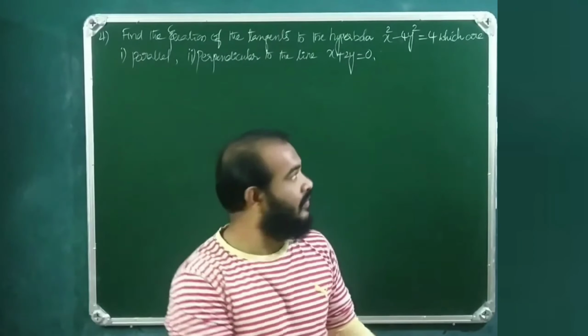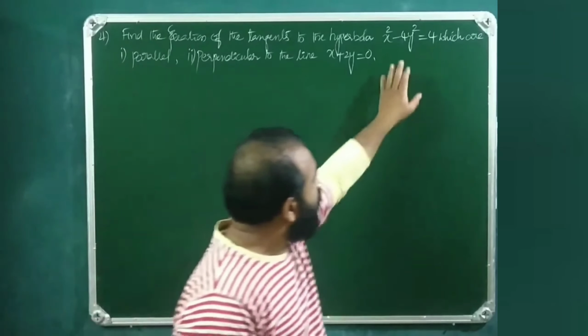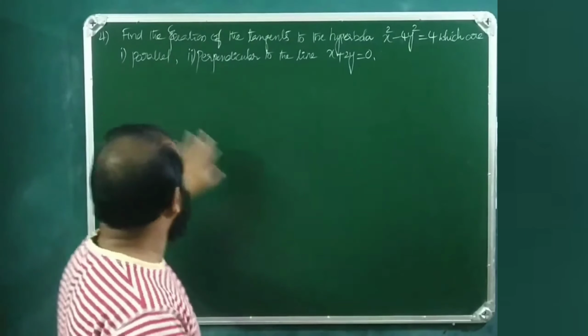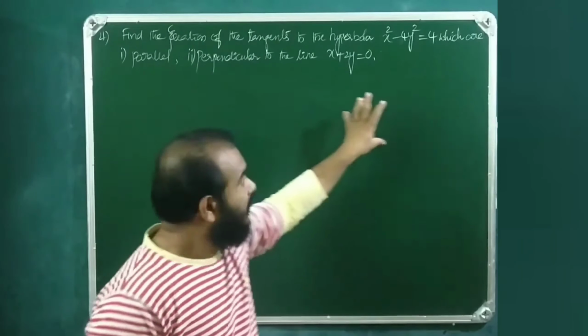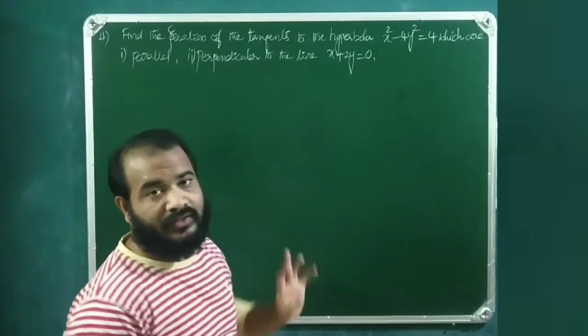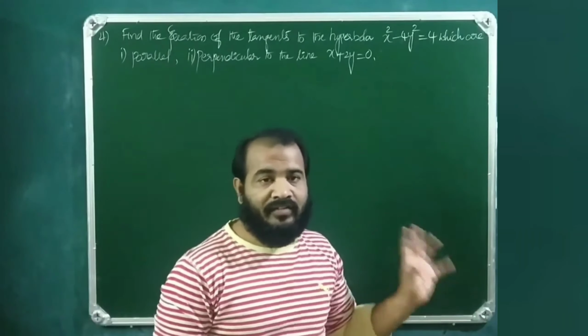See here, the equation of the hyperbola is given and parallel and perpendicular are mentioned in the question. That means parallel and perpendicular is connected with the slope of a given line.